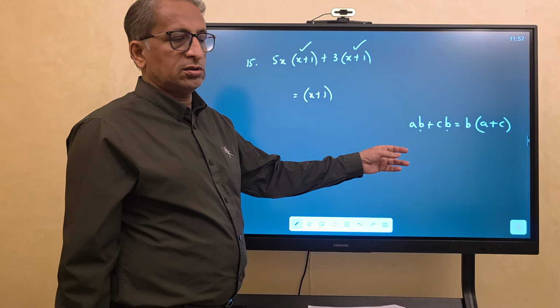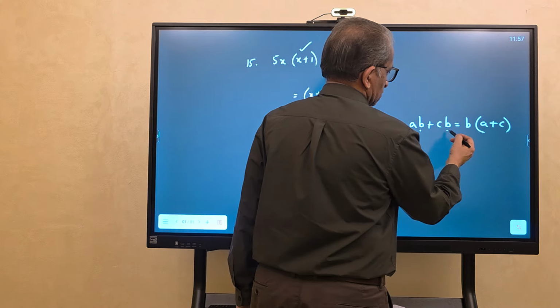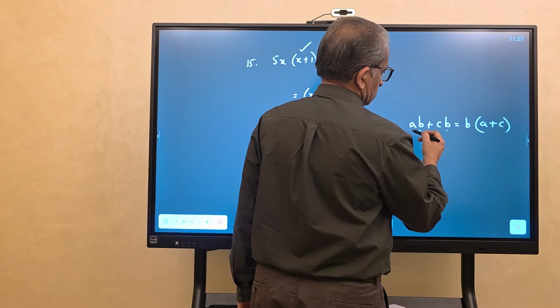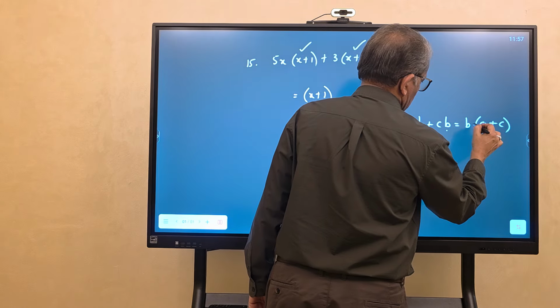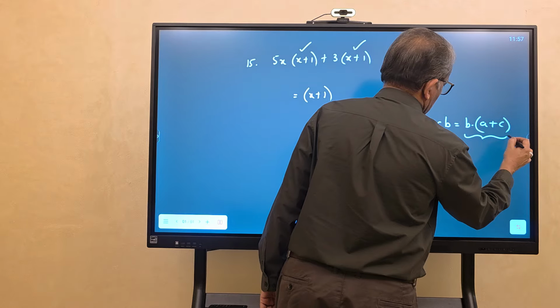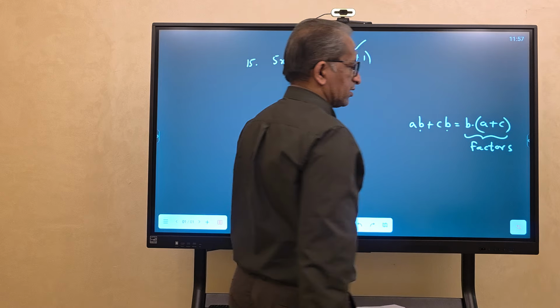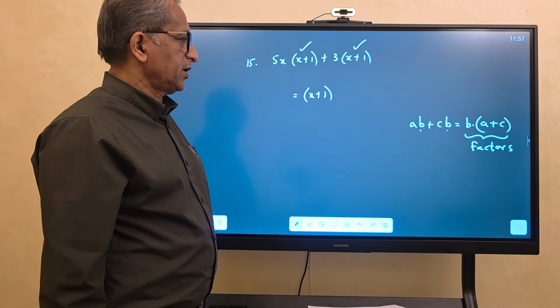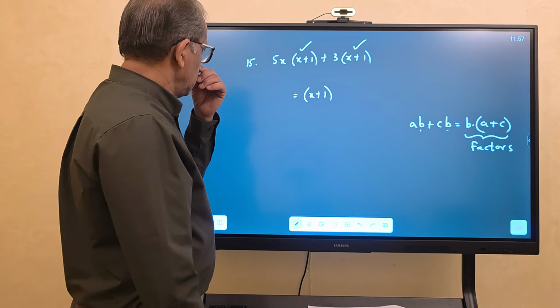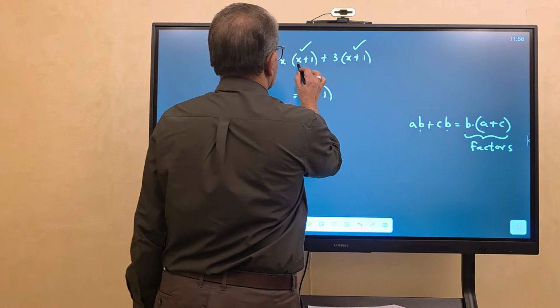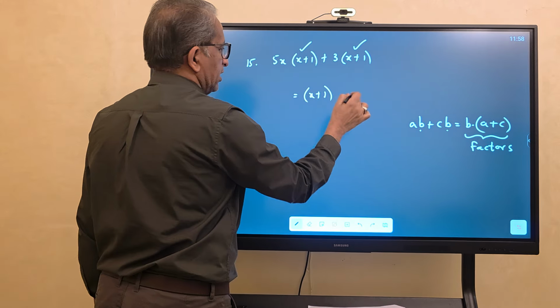Now here it is addition, that is a binomial. Now it is multiplied, so these two are definitely the factors. Factors are always separated by multiplication. In the same way, x plus 1 is common. I take it out.